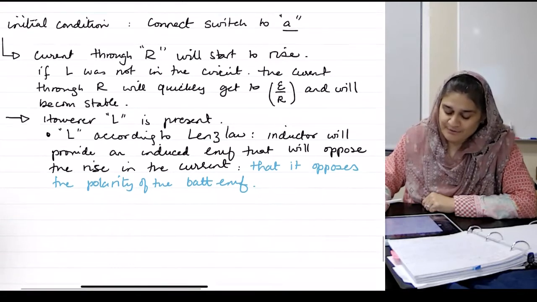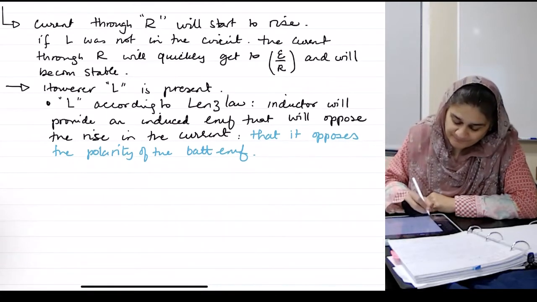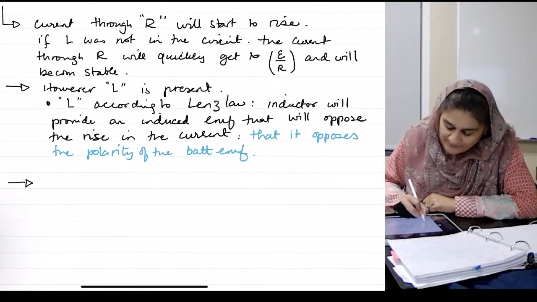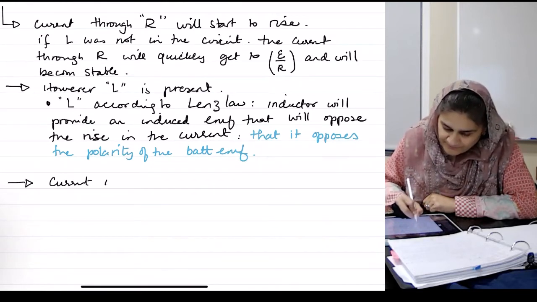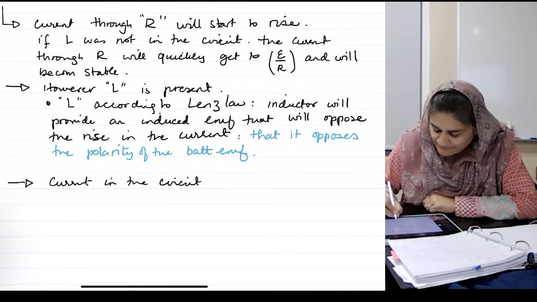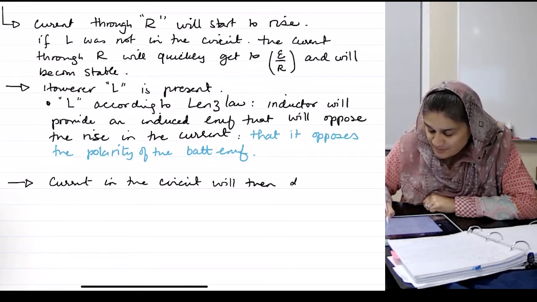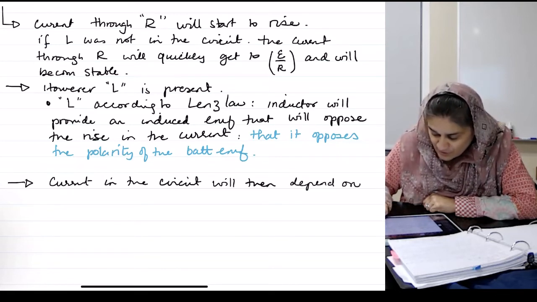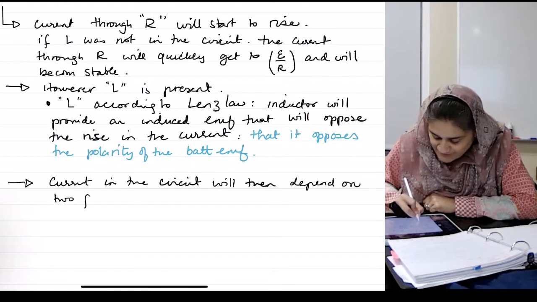Now, what will happen to the current in the circuit? So now the current in the circuit will then depend on two factors.